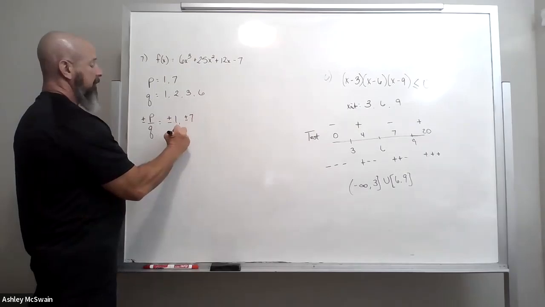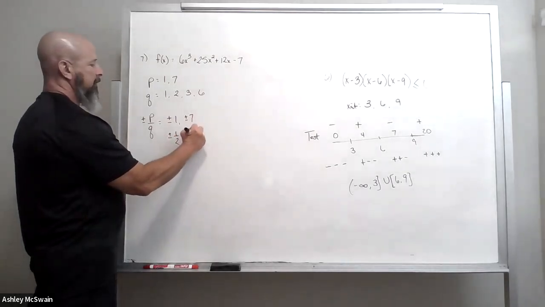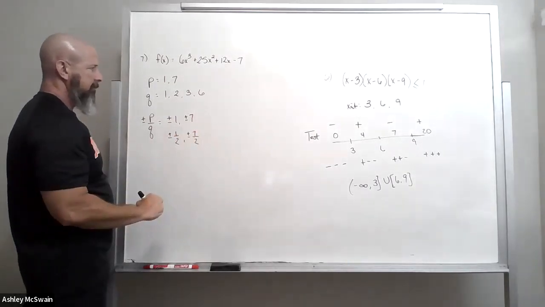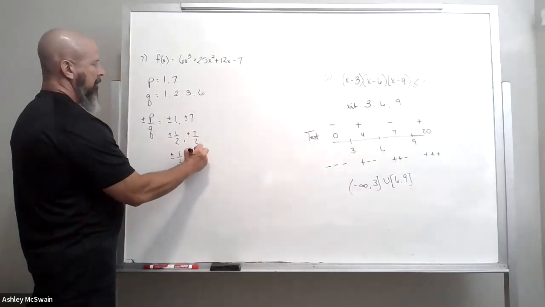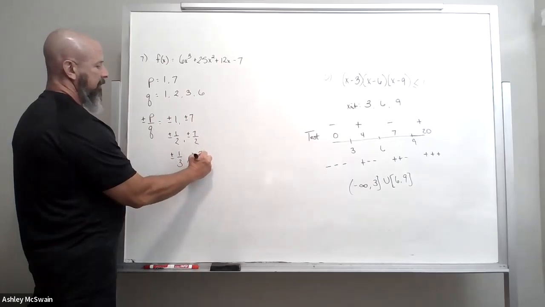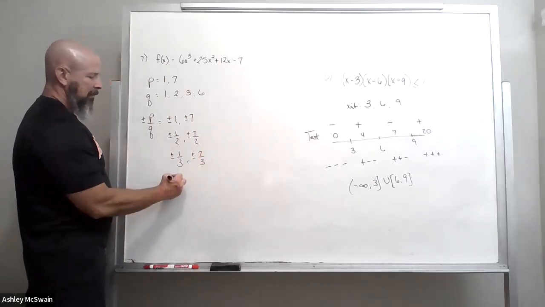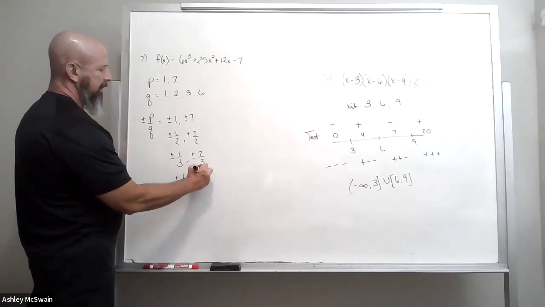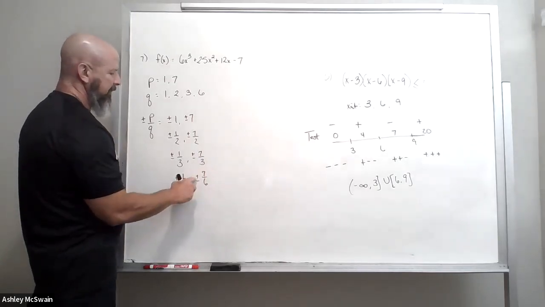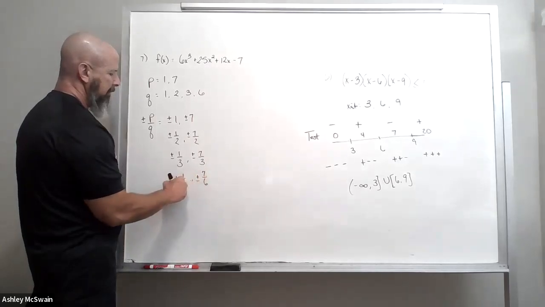Then plus or minus 1/2, plus or minus 7/2, plus or minus 1/3, plus or minus 7/3, plus or minus 1/6, plus or minus 7/6. So a lot of possibilities here.